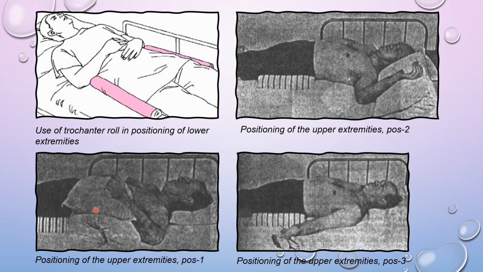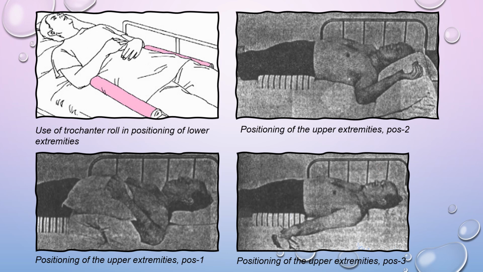In the positioning of the upper extremity, position 1, the pillow is under your arm, but this time the arm is in prone position. And another, positioning of the upper extremity still. As you can see, the arm is straightened, but there is still a pillow.